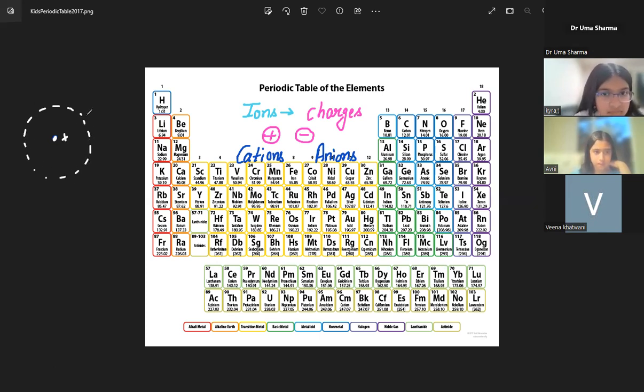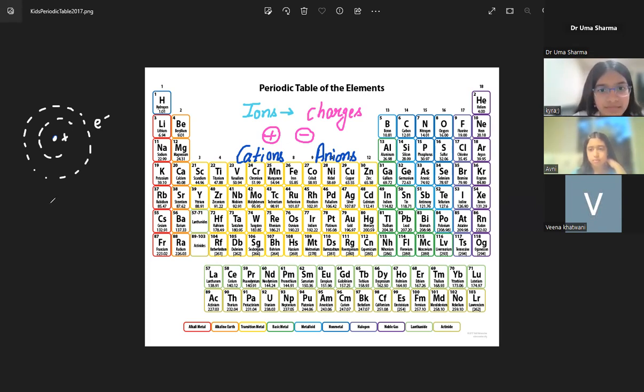And if I look at that atom in the periodic table, what is the net charge on the atoms? No charge. Why is it so? Because the positive and negative charges are equal in number, so they cancel out each other, and neutrons have no charge.